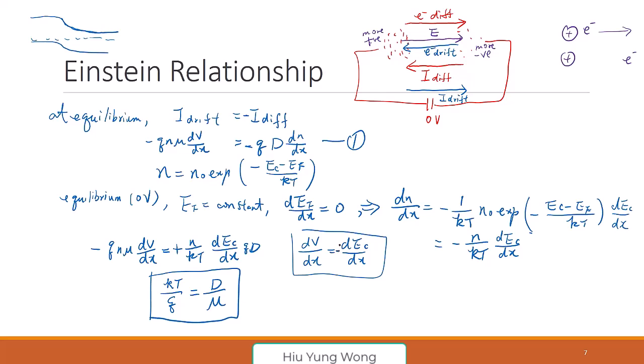Because the conduction band is the energy seen by the electron. So for example, let's think about this. Here, the electron is going to go down, then it means the electric field is going from right to left.